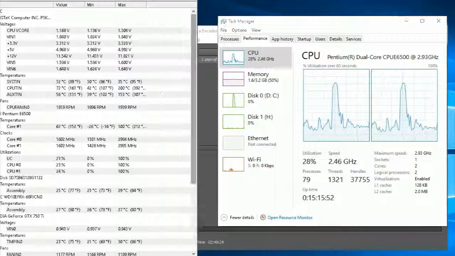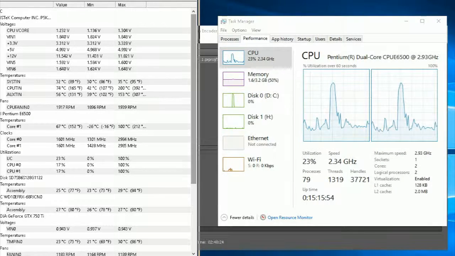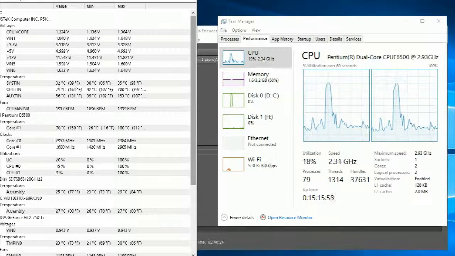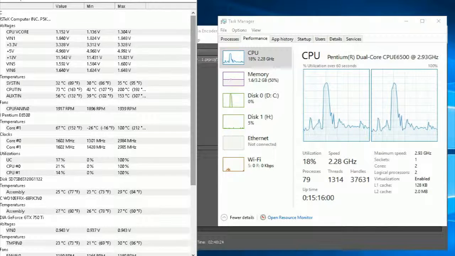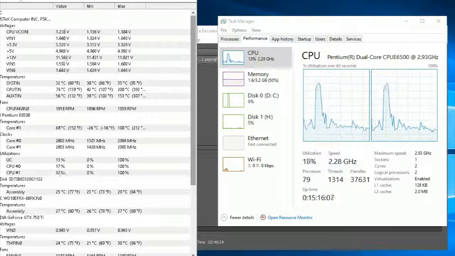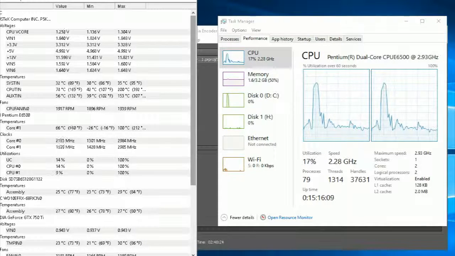Now, I installed CPU ID HW monitor, which is a bit off the corner of my recording screen, but that's okay. And with that, I decided to check the temperature that the computer is actually running at.